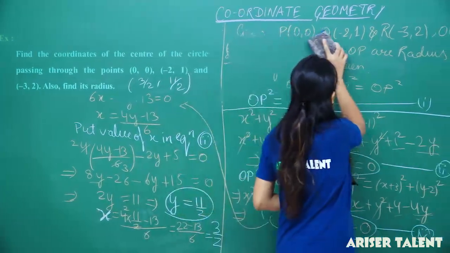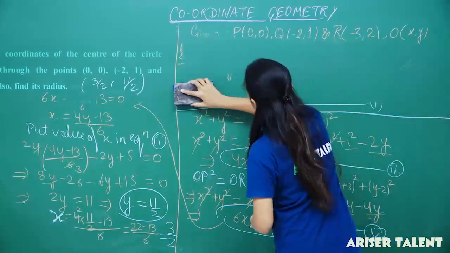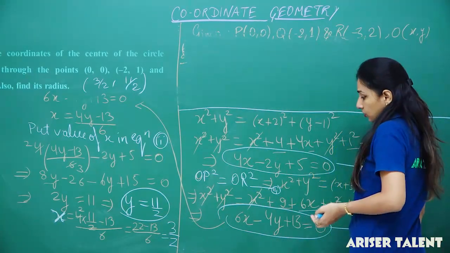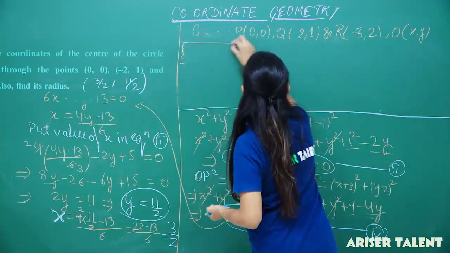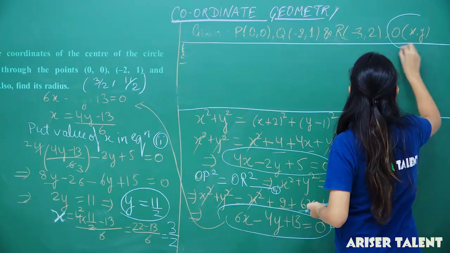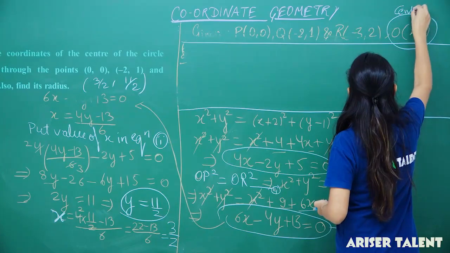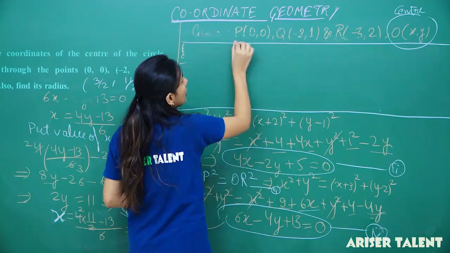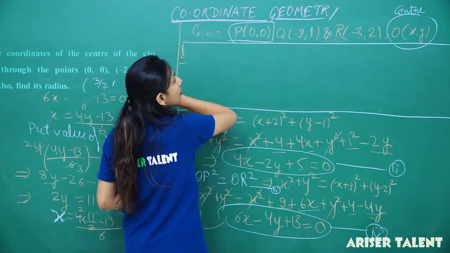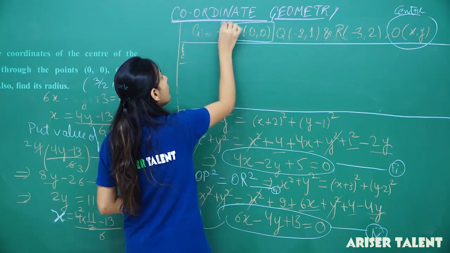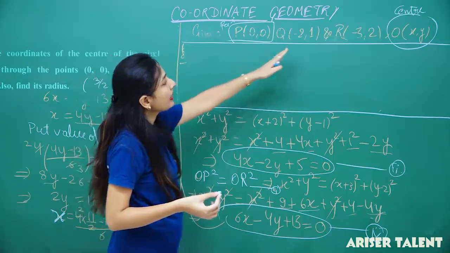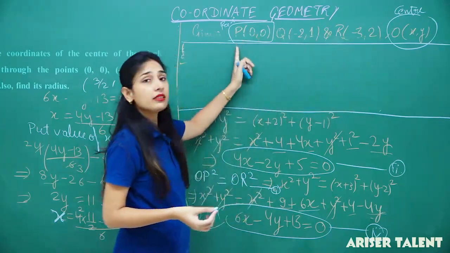Now you have to know the radius. This is the center, and pick any point. I'll be picking this. This is any point. By the distance formula, you can pick this one also, but the simplest is this.